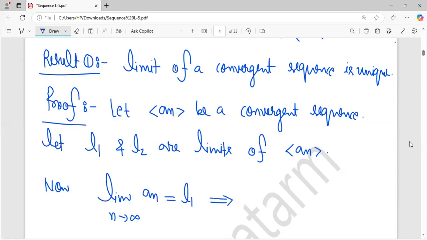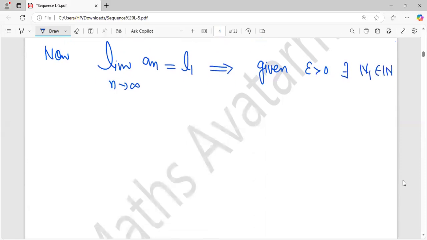This implies given epsilon greater than 0, there exists N1 belongs to N such that |an minus L1| is less than epsilon by 2.